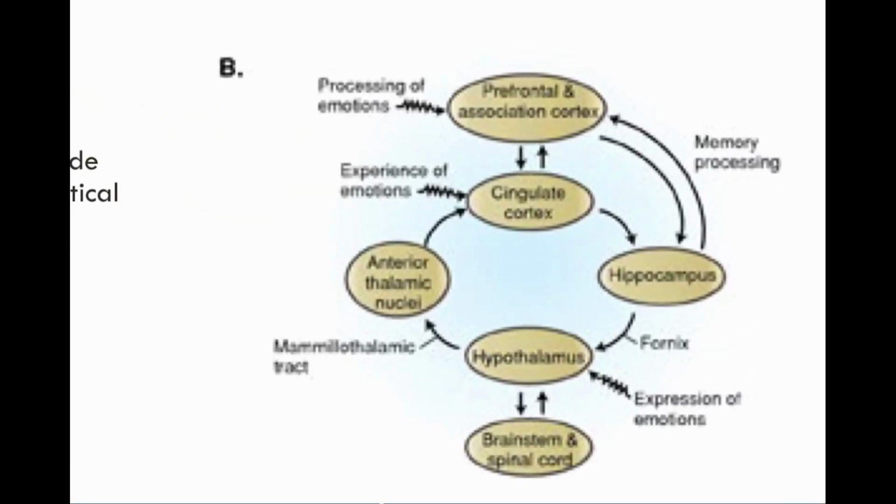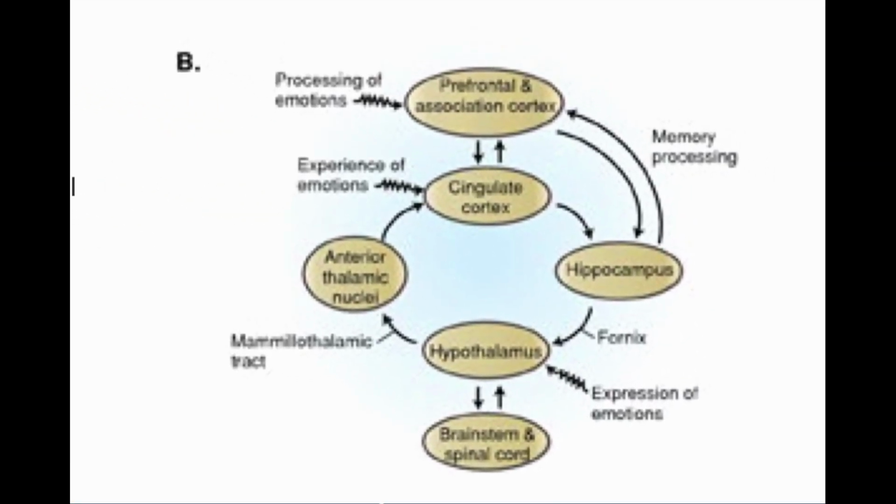Okay, a couple of big things here. Prefrontal cortex, association cortex, okay? Memory processing. You see how it goes back and forth between the hippocampus and the prefrontal? So what does that mean?